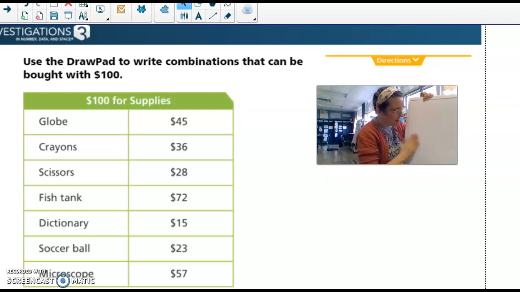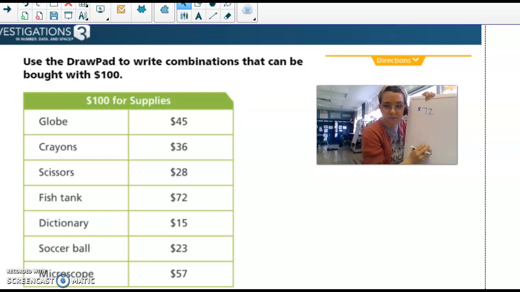Okay. Now, do you see any combinations that would get me exactly at $100? Thinking about that game, close to 100. If you need some more think time, pause the video, but I really want that big ticket item of the fish tank.